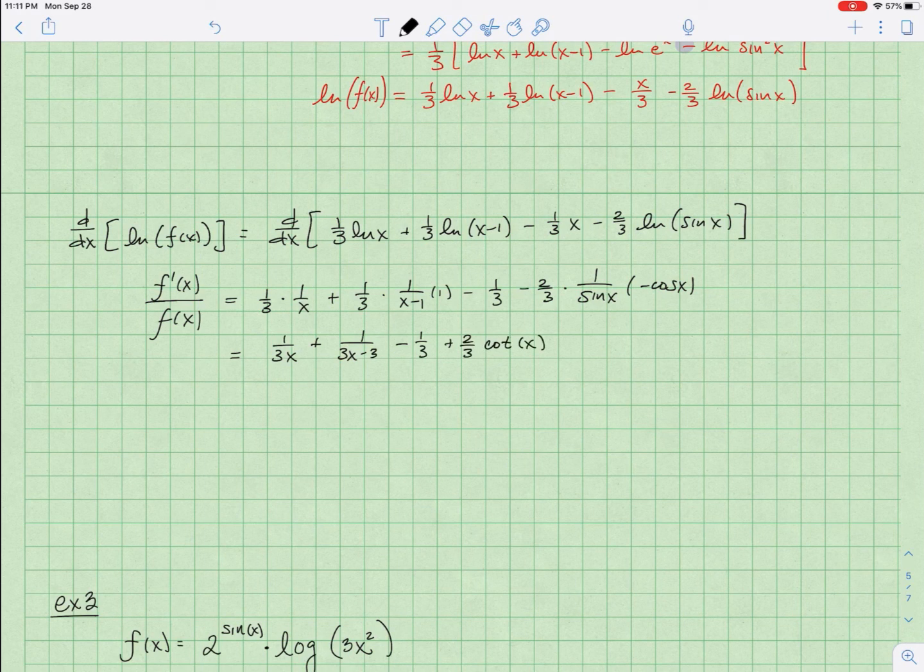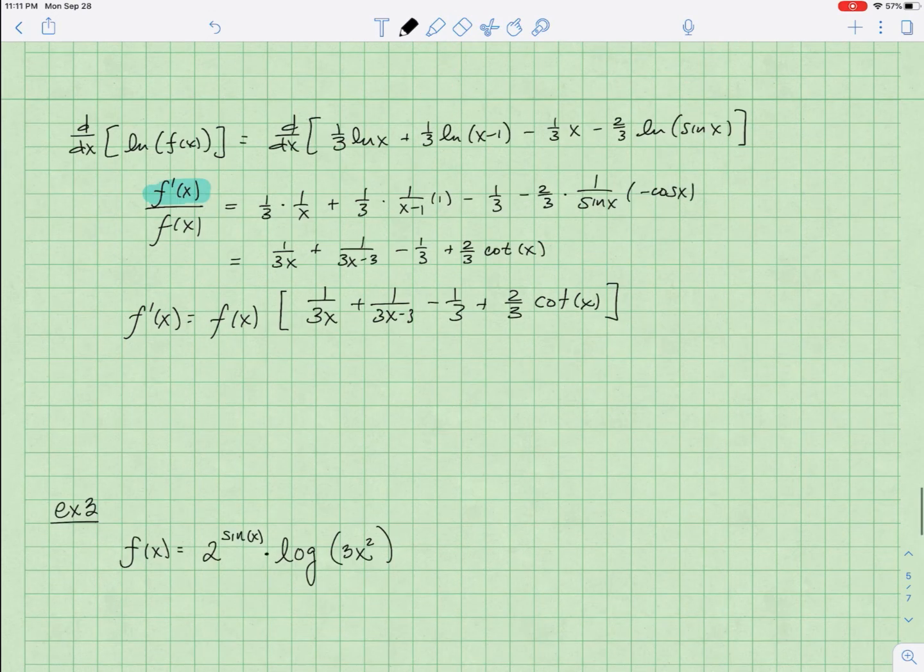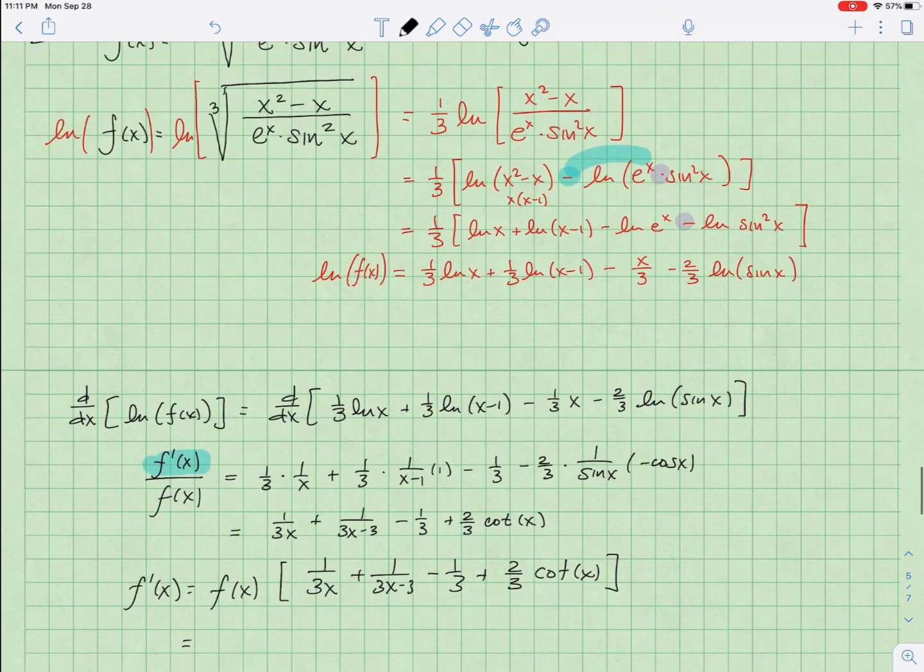And if we want to solve for f prime of x, all we have to do is multiply both sides by the denominator. So f prime of x is f of x times 1 over 3x plus 1 over 3x minus 3 minus 1/3 plus 2/3 times the cotangent of x, where f of x was this monstrosity.